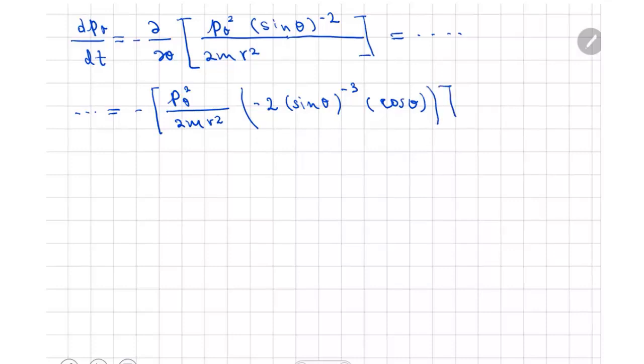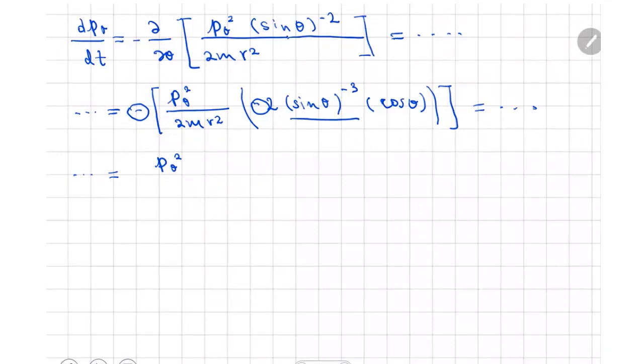And that's it. Okay, so this minus with this minus is plus. So the term is going to be plus, and this is going to be p theta squared. The sine theta to the power minus 3, I'm gonna send it to the bottom and change the sign of the power.